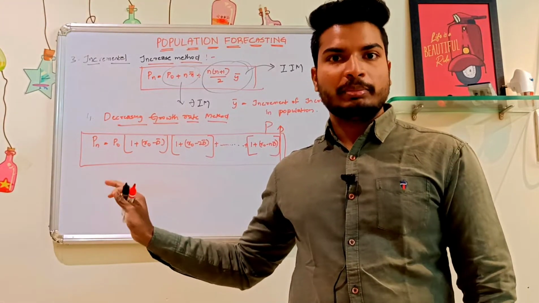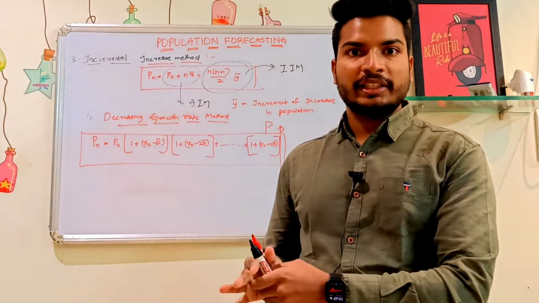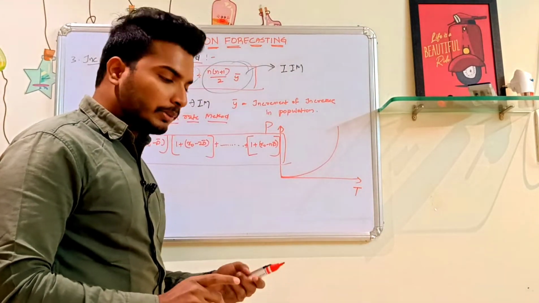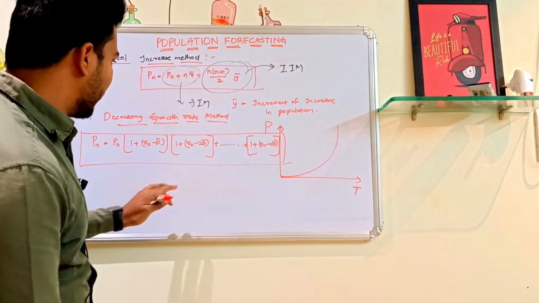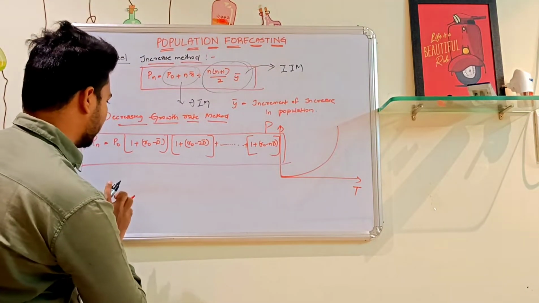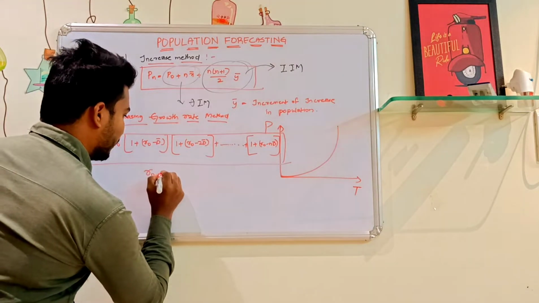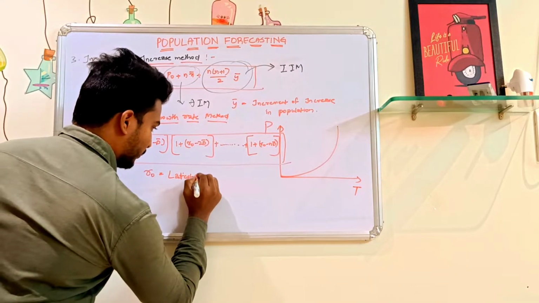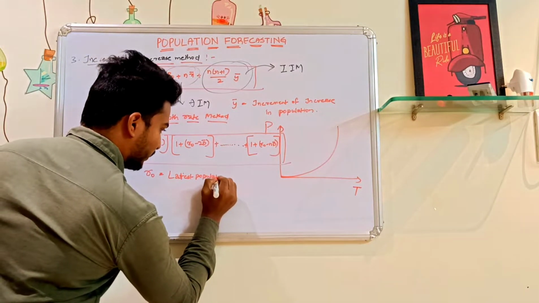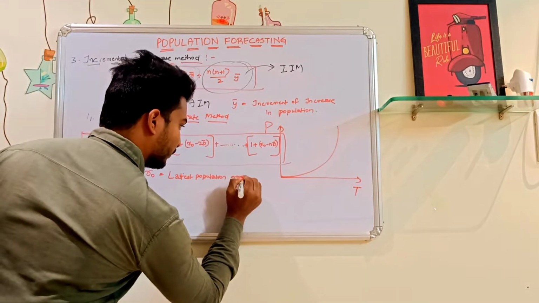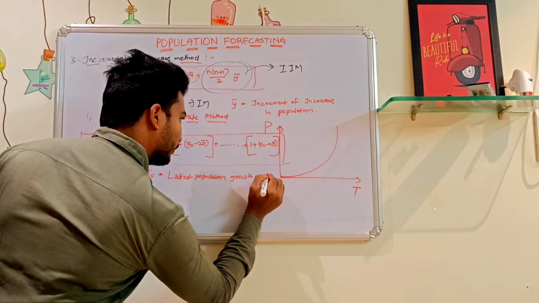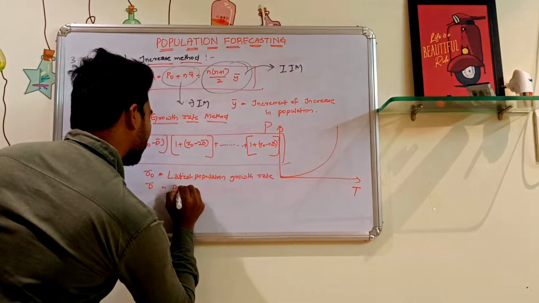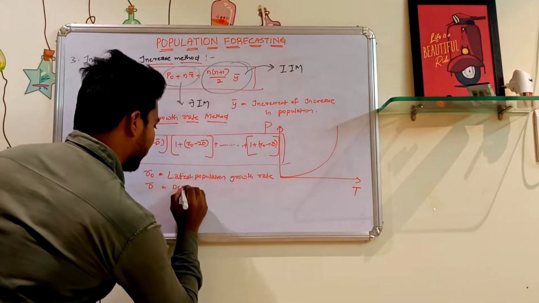This formula might look complicated, but it is very simple. When we solve the problems, your doubts will be cleared. Here R naught is the latest population growth rate, and D bar is the decreasing growth rate.